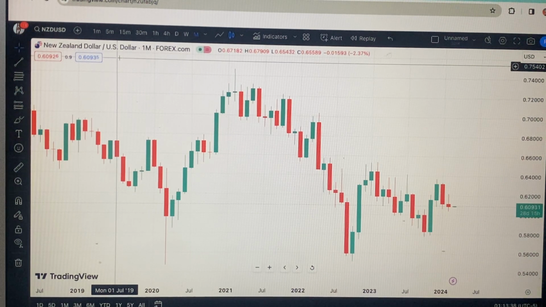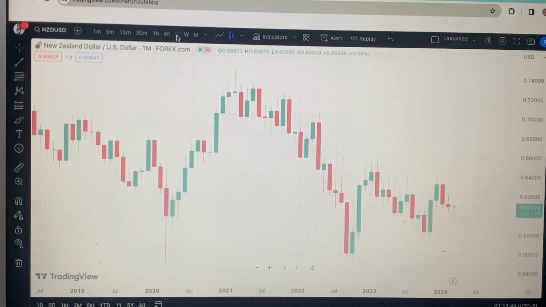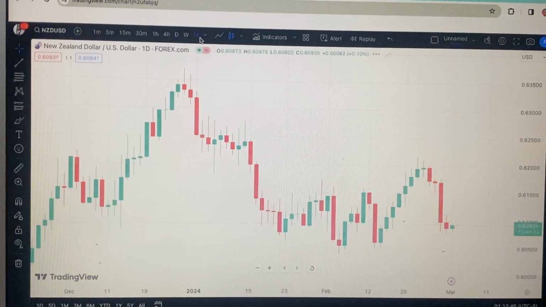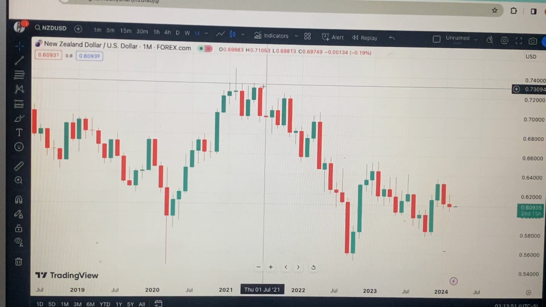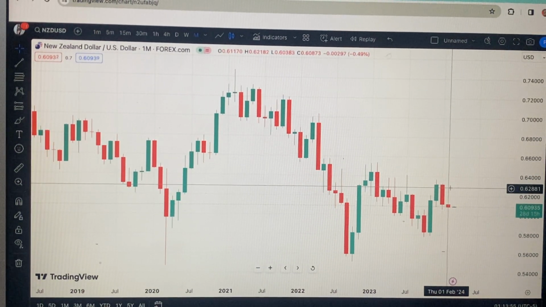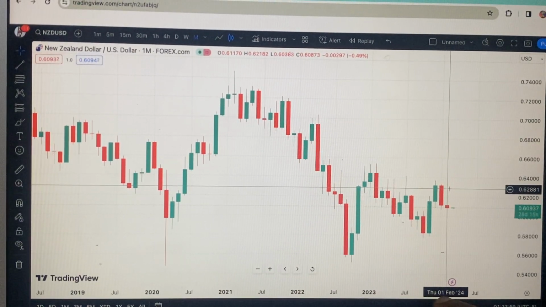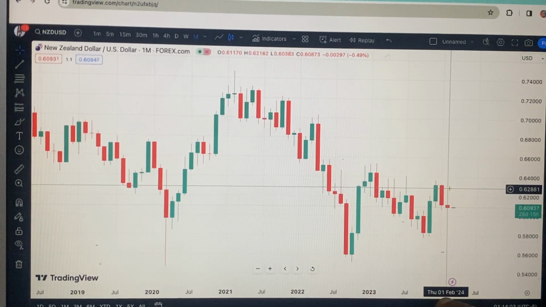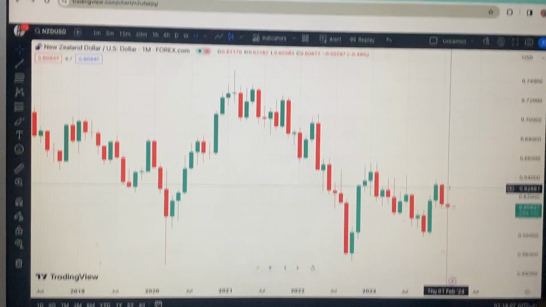The position traders always analyze their markets from the monthly time frame down to the daily time frame. Each candle you see here represents 1 month on the monthly time frame. It took this candle 1 month to form fully. This candle started on the 1st of February and ended on the last day of February.